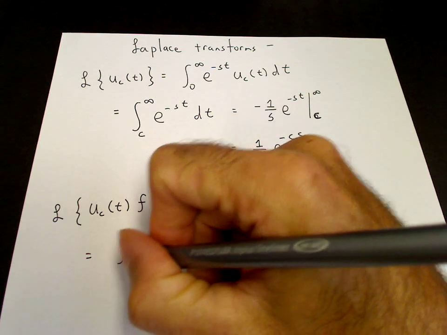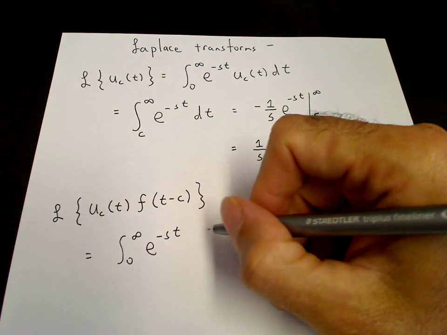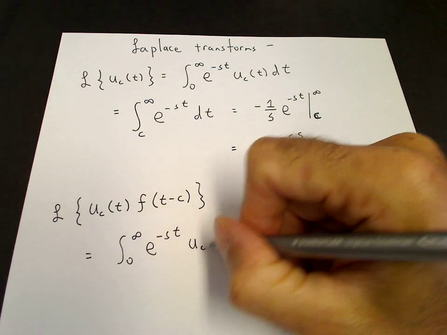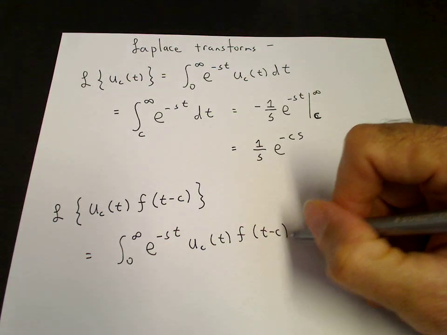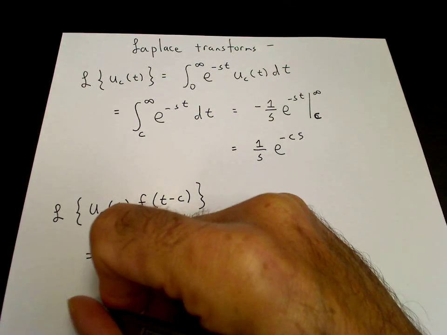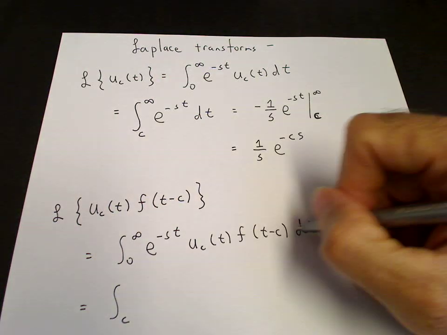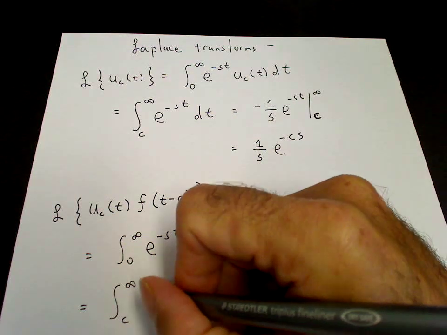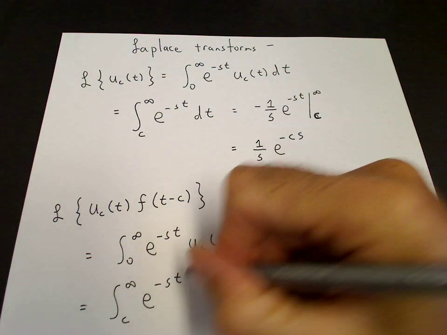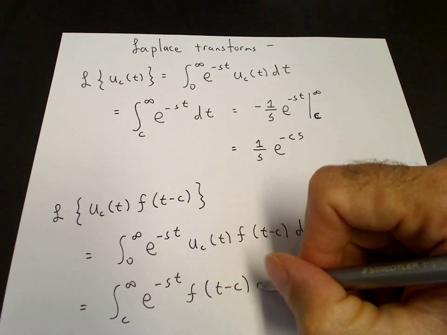So this is the integral from 0 to infinity of e to the minus st times u sub c of t times f of t minus c dt. Again, the step function is 0 for t less than c, so it goes from the integral from c to infinity, e to the minus st, f of t minus c dt.